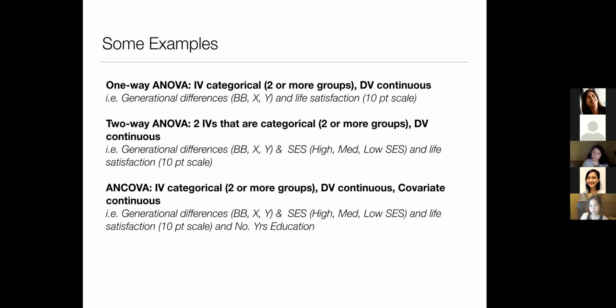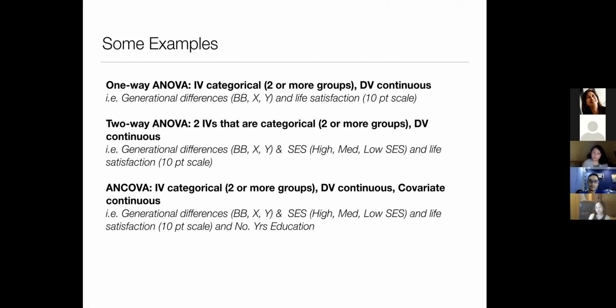What variable might urban and rural Filipinos differ on that might be related to life satisfaction? What might an important covariate be? Income. Perfect.